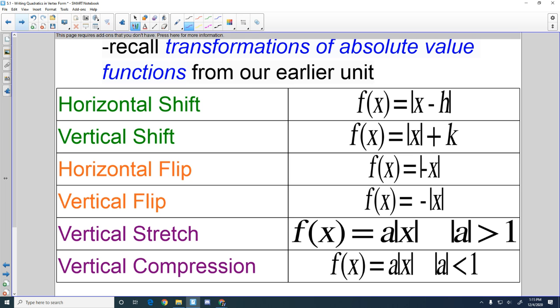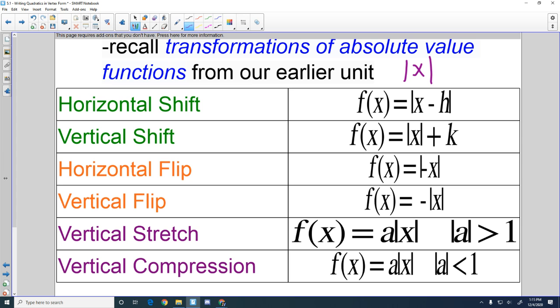I'm simply showing you how all 6 of these transformations that you have on the right, that was everything from the absolute value, from our earlier unit. All those exact same rules apply. The only thing I really want you to write down is this absolute value of x.